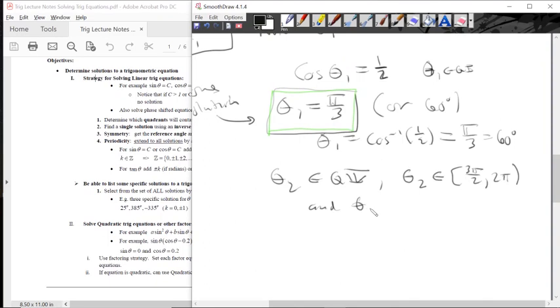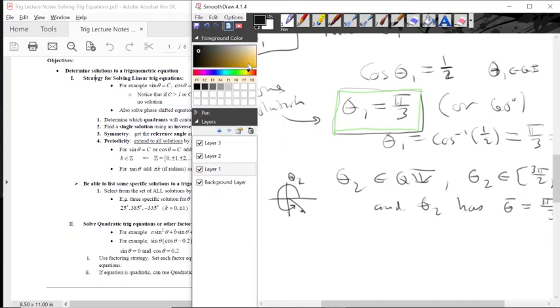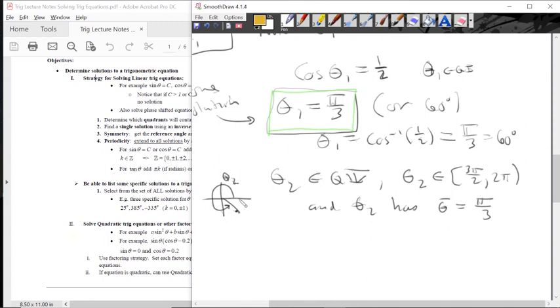And we already know that theta 2 has a reference number of pi over 3, right? So what is a quadrant 4 angle? Here's a picture to represent the geometry here. Theta 2 is this amount of rotation, such that the reference, that is the amount of rotation remaining, is equal to pi over 3.